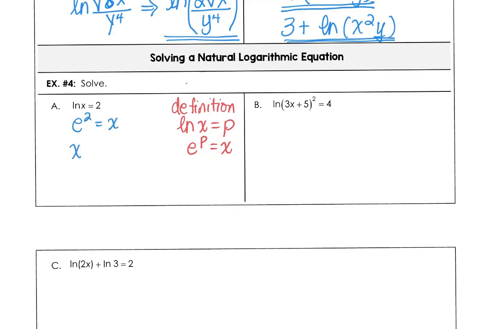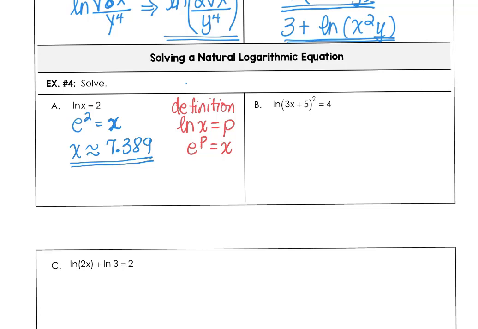and then using our calculator, this is the exact answer, this first step, and using our calculator, e to the second is about 7.389. So whether you want the exact answer here, x is e squared, or the decimal approximation.